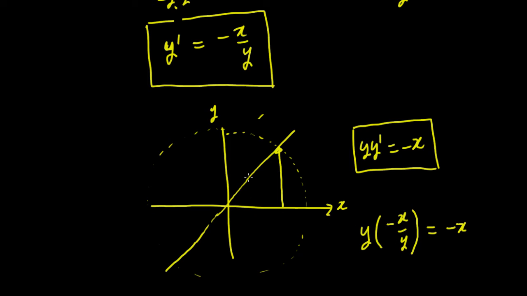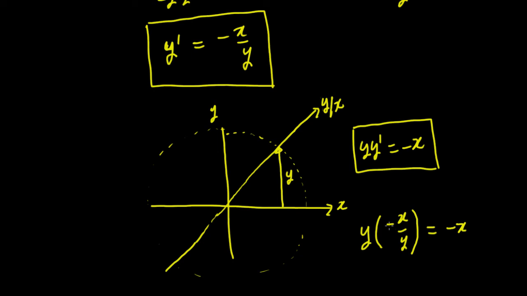Well, what's the gradient of this line? That line there is y. So what's the gradient of that line there? The gradient of that line there is going to equal y upon x. So that's the gradient of this line.